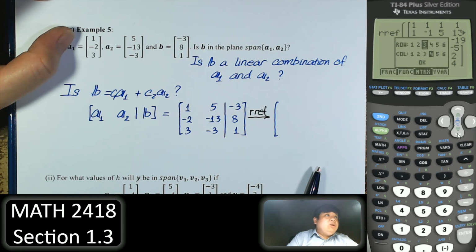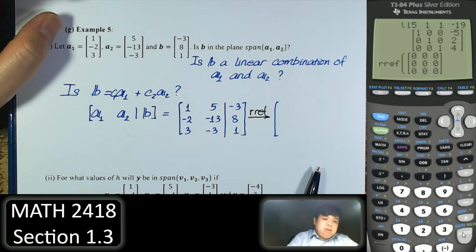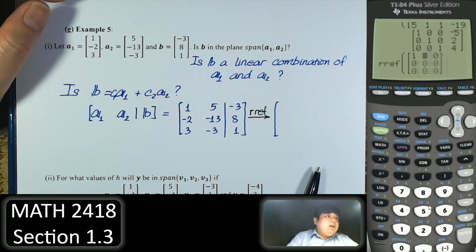Three rows, 3 columns: 1, 5, negative 3, negative 2, negative 13, 8, 3, negative 3, and 1.